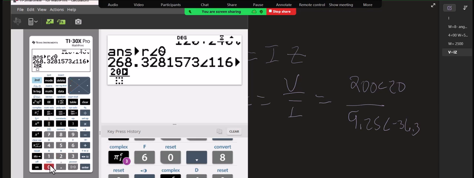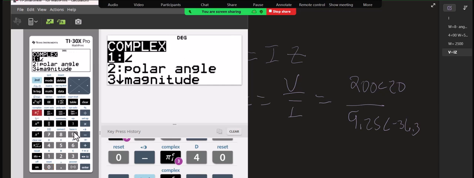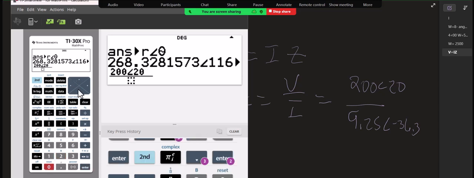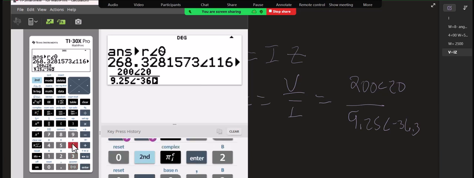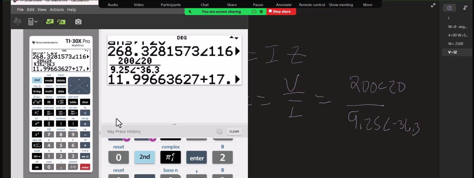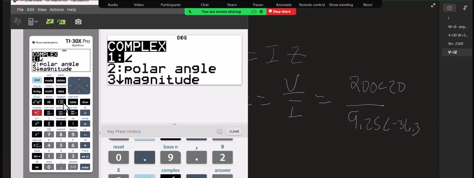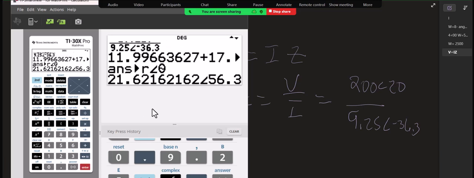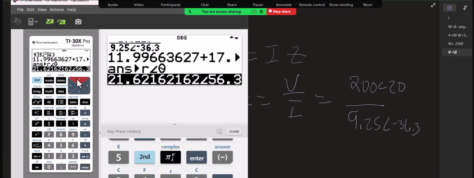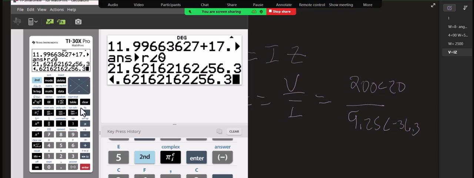So 200 angle 20 over 9.25 angle negative 36.3, and I get about 12 plus j18, but if I change that to polar, I get 21.6 angle 56.3.